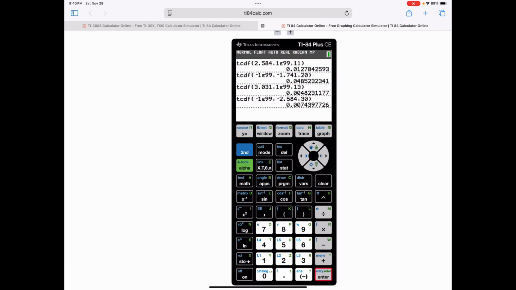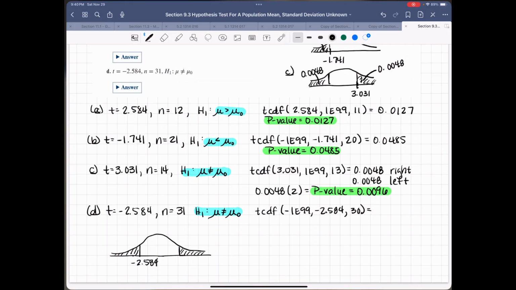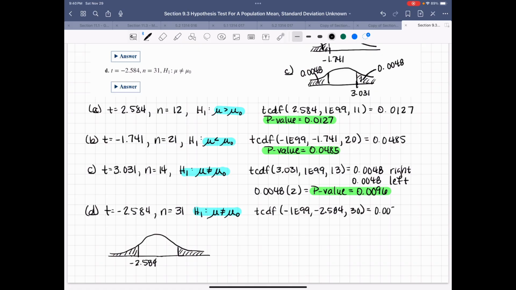And that's 0.0074. Okay, that's that left chunk. That means that right chunk will be the same. If this chunk right here is 0.0074, that means this chunk is also 0.0074.